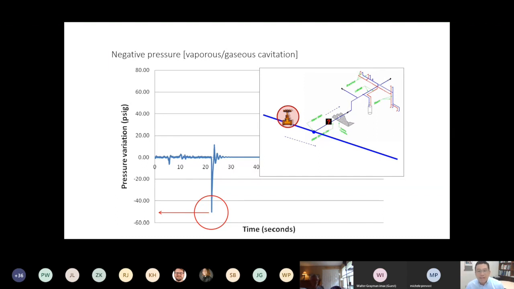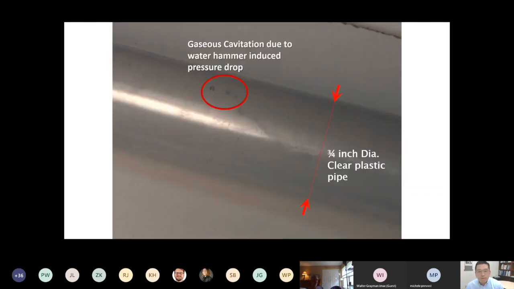At the same time, we recorded the phenomena through the clear plastic pipe. Whenever the low pressure happens, we observe cavitation. We suspect that is a gaseous cavitation due to water hammer induced pressure drop inside the simulated service line. That was interesting as well.